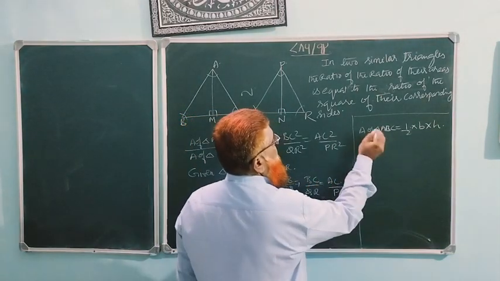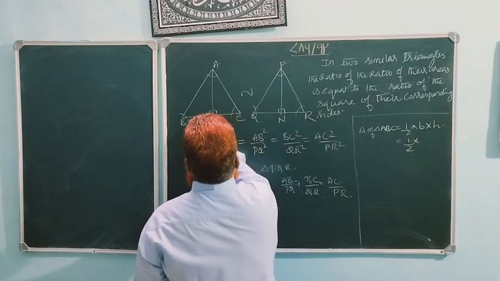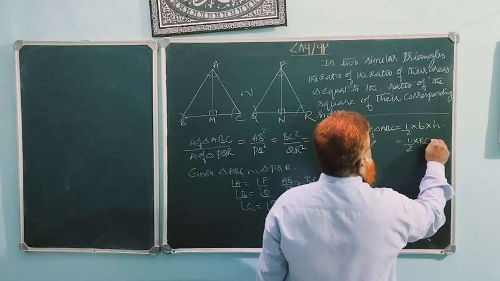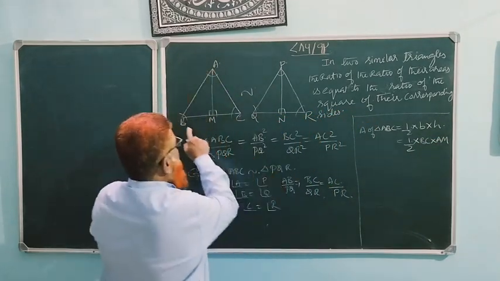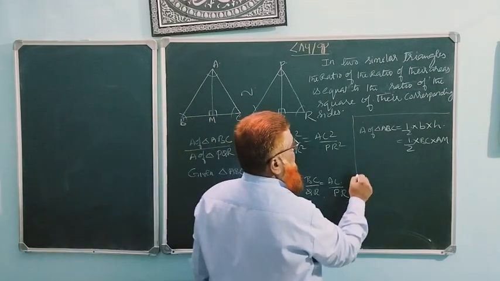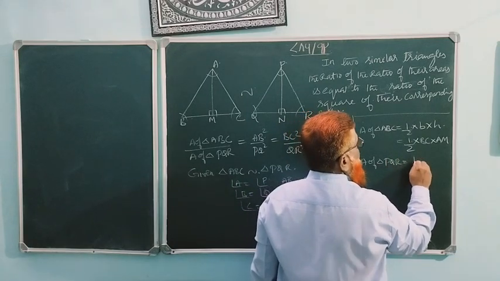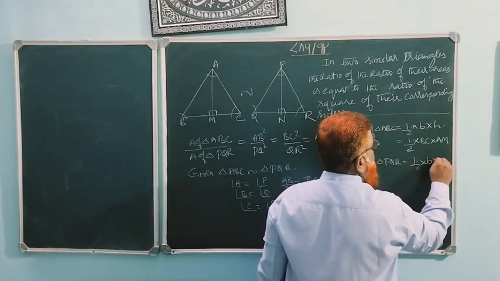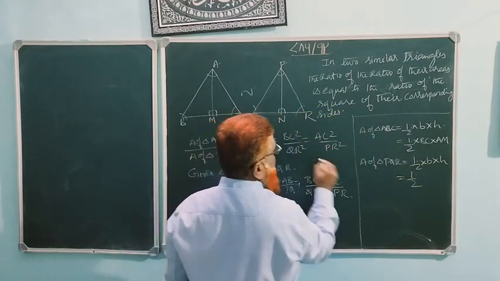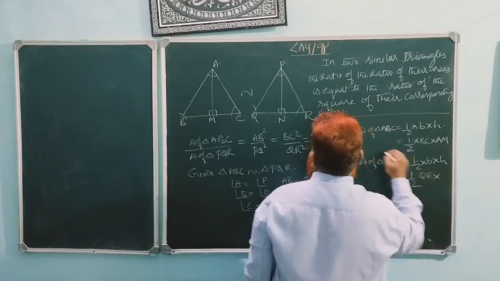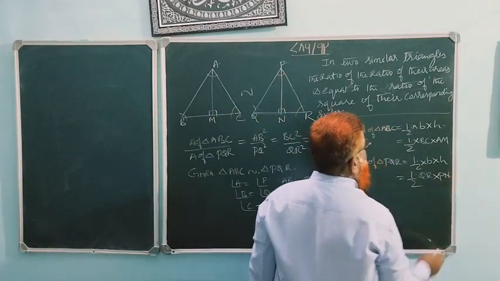So the area of triangle ABC is half into BC into AM. Similarly, the area of triangle PQR is half into base QR into height PN.